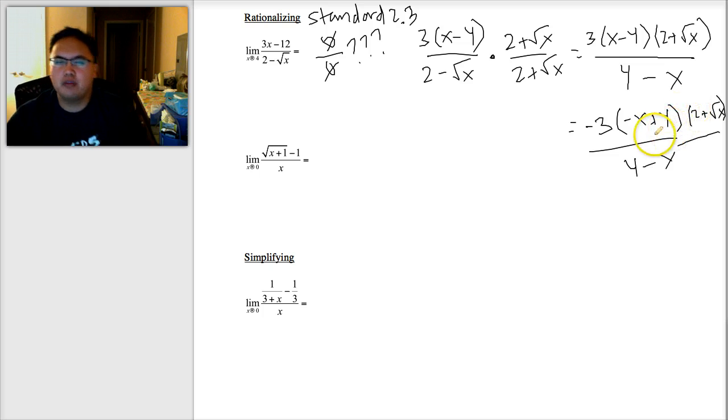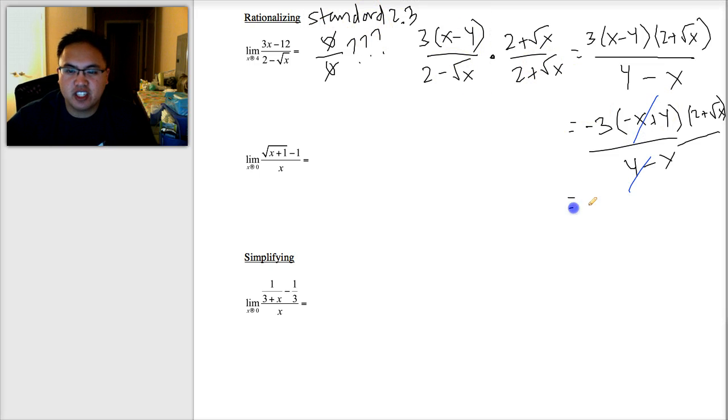So do you see how these now are exactly the same when I took out a negative? So what was once 3 times (x minus 4) is now negative 3 times (negative x plus 4). All I did was change the signs of everything in here and move the negative out in front. Now I notice that I have a factor on the bottom and the top that can cancel out.